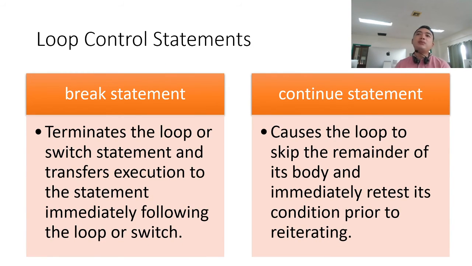We also have some special statements. We call them control statements that can be implemented in looping control structures. We do have the break statement. We have discussed the break statement in our previous video about the switch statement. It basically terminates the loop or switch statement and transfers the execution to the statement immediately following the loop or switch structure.